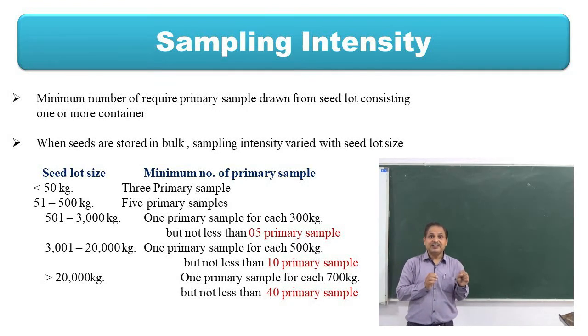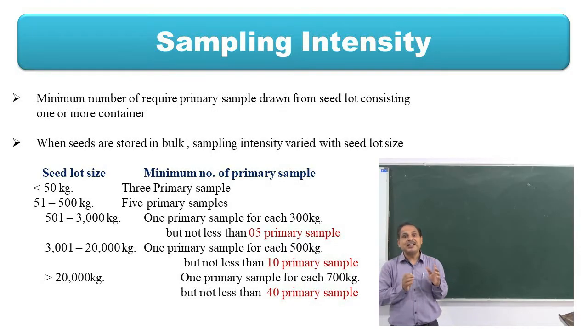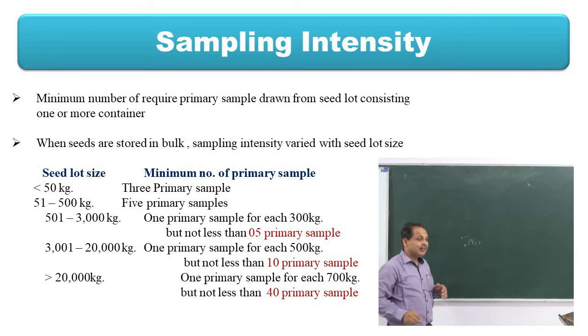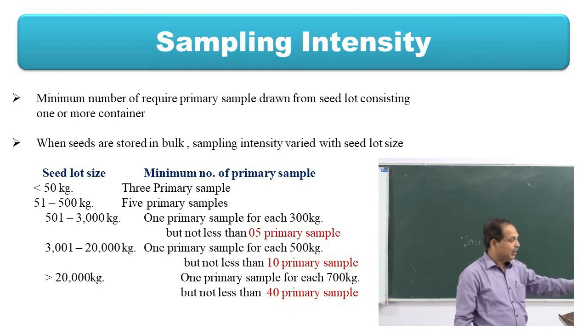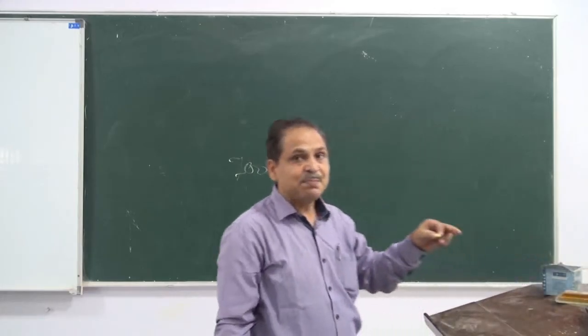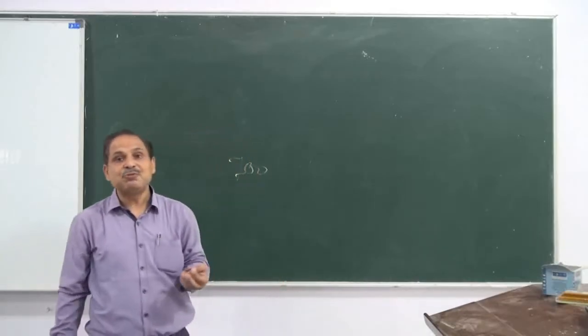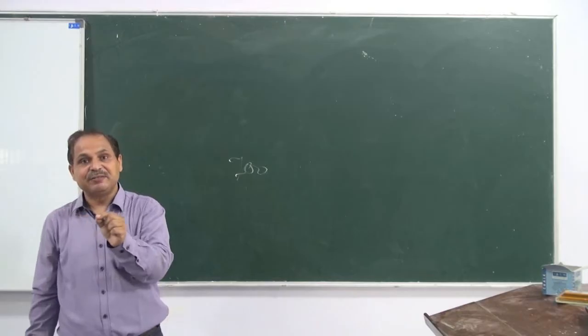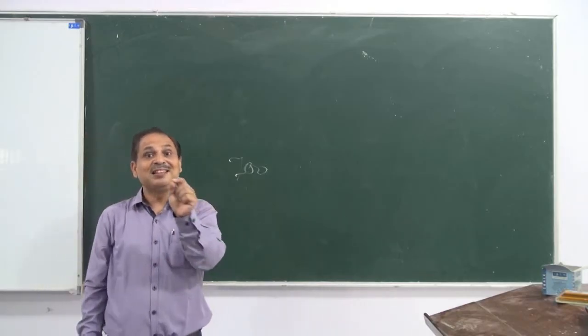So if the seed lot size is 700 kg, then what do we do? In that case, as per the principles, we take one primary sample from each 300 kg.